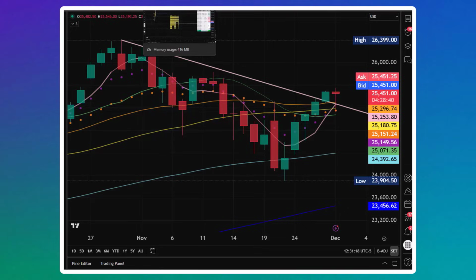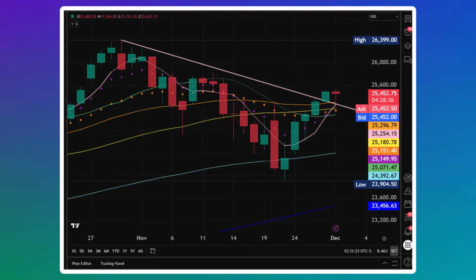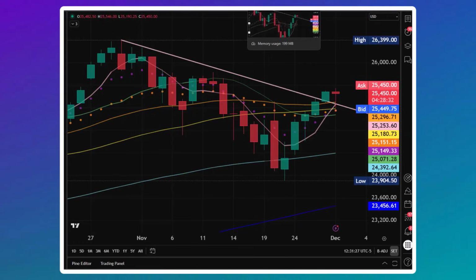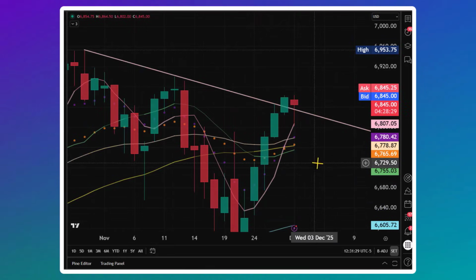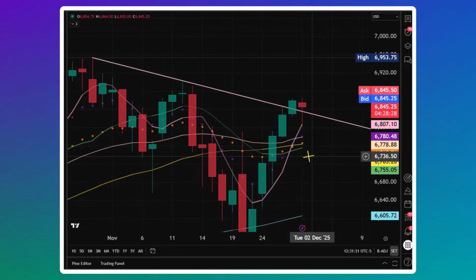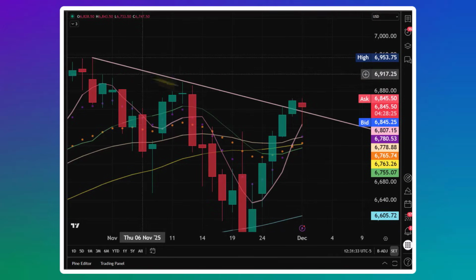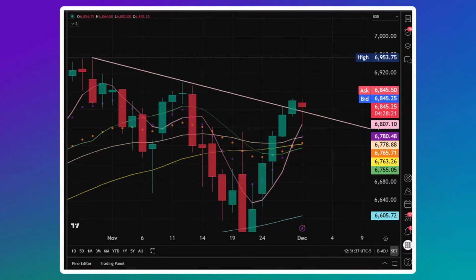They were very historically under-leveraged, under-positioned last week, and they did add a little bit. But I want to see if they're going to start adding a little more this week. This is the ES daily, and kind of the same thing that's happening on the NQ daily is happening on the ES daily.